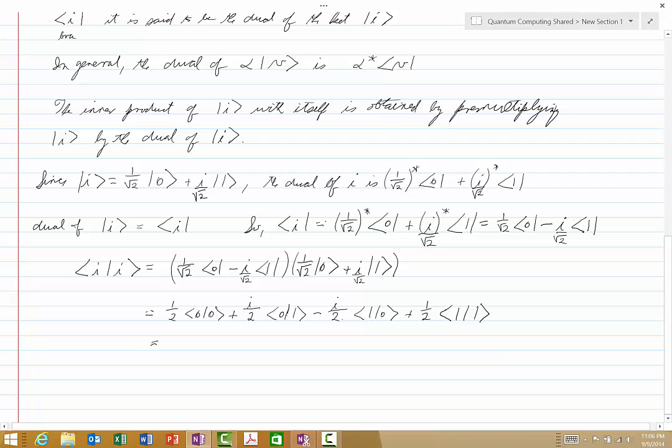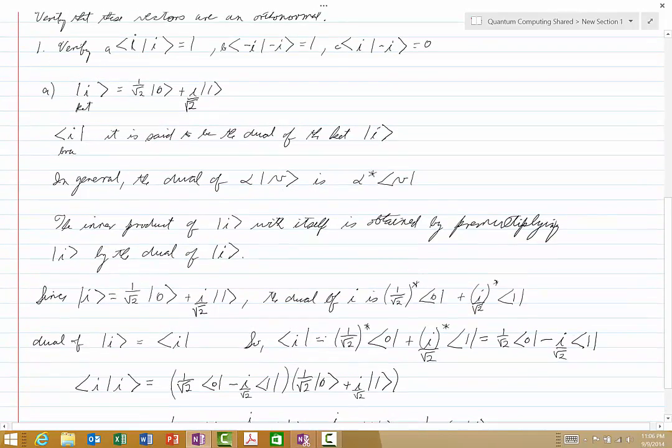So we get 1/2 times 1 plus i over 2 times 0 minus i over 2 times 0 plus 1/2 times 1 is equal to 1/2 plus 1/2, which is equal to 1. And that verifies the first thing that we wish to verify.